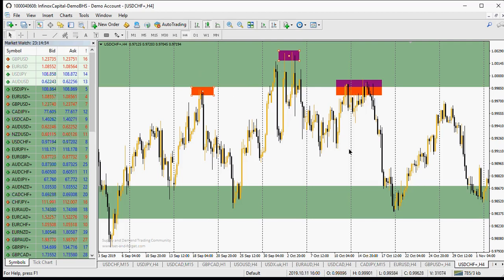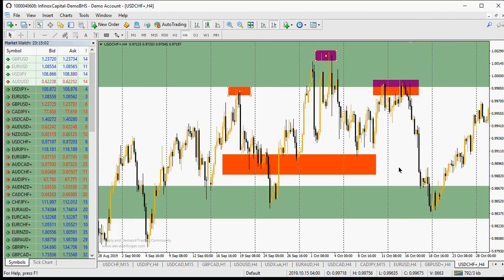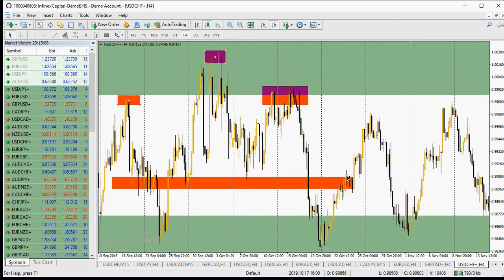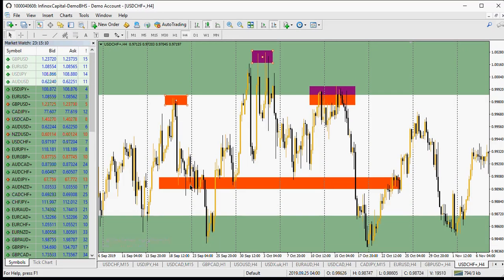By the time it came back down, you can see there's a support area around this place. It broke it here, came back, turned into support again, then went up, and when it got here there was support, and then it went up again.